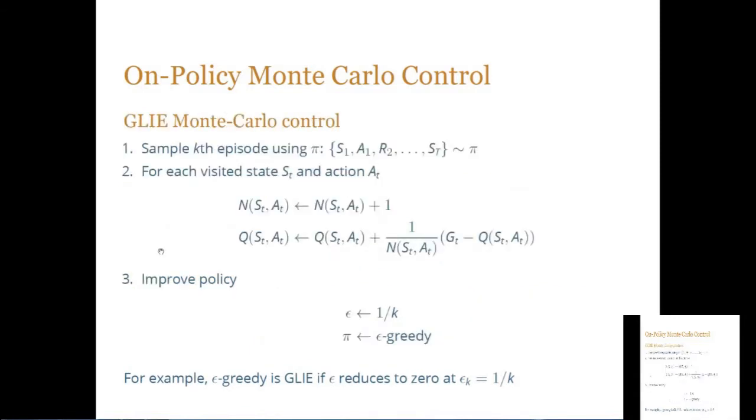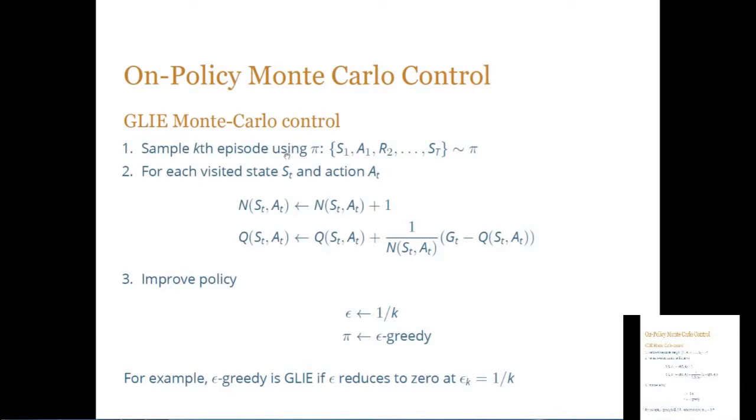So we have now gotten rid of this assumption of exploring starts, and in particular, this is a very simple algorithm called GLIE Monte Carlo control, and it works as follows. Now we don't need to start at any random state action in the beginning. We just incorporate this exploration in the policy.